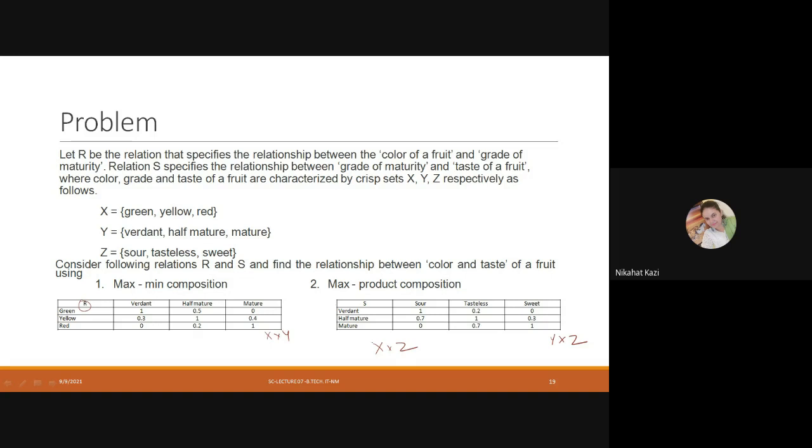And this is between grade of maturity and the taste. So if you want to find the relationship between the color and the taste, then you apply the composition operation to combine them.